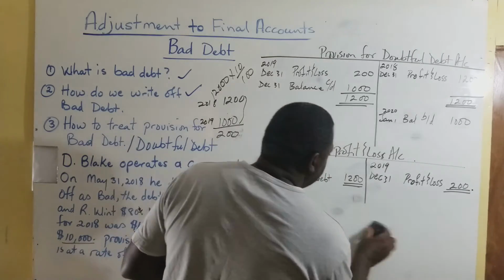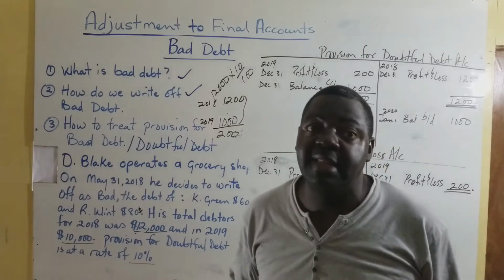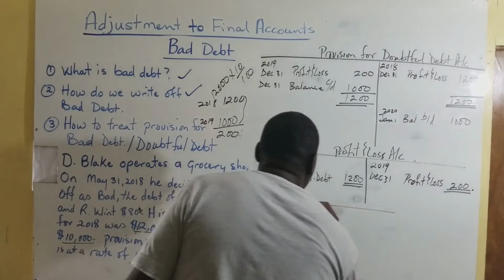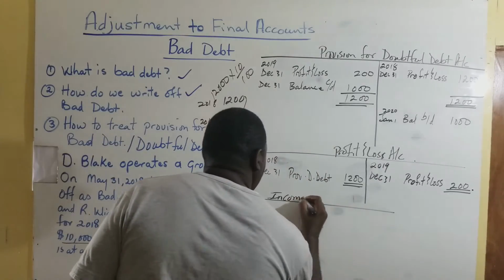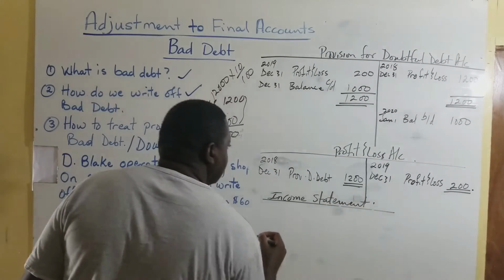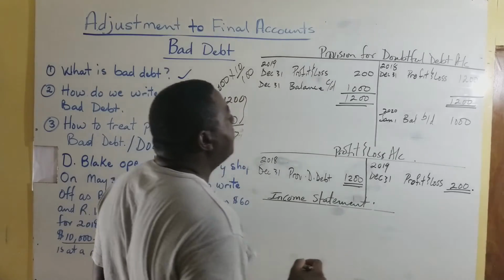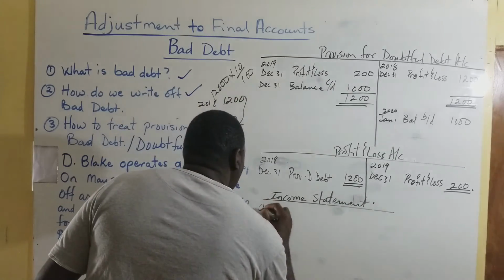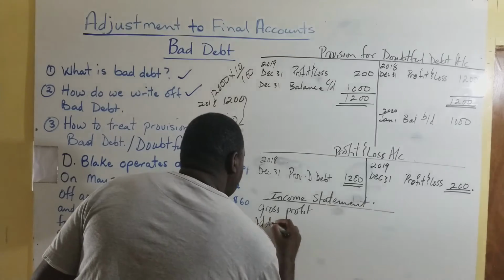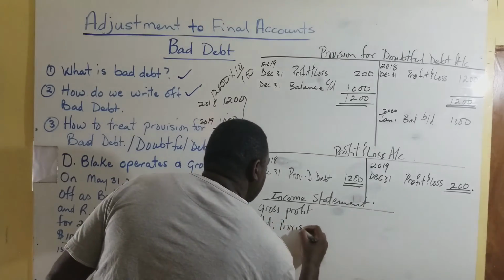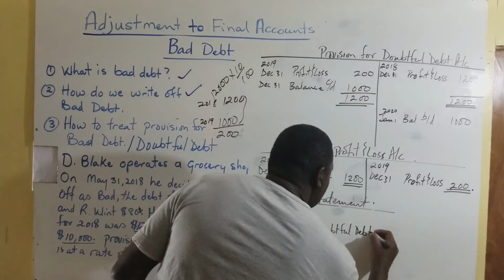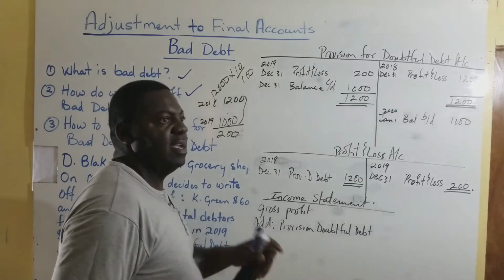Just to say one other issue now. How do we deal with the provision for doubtful debt in the balance sheet and the income statement? Well, in the income statement, under expense, let me explain now. This is gross profit. So we would add the provision for doubtful debt, and this is done if the provision is decreasing.